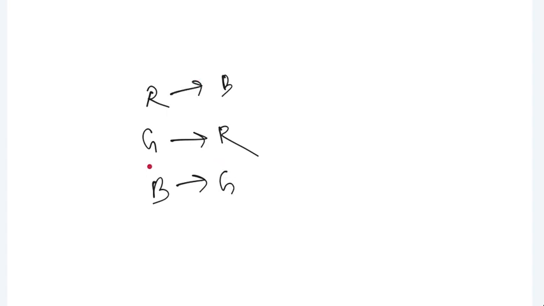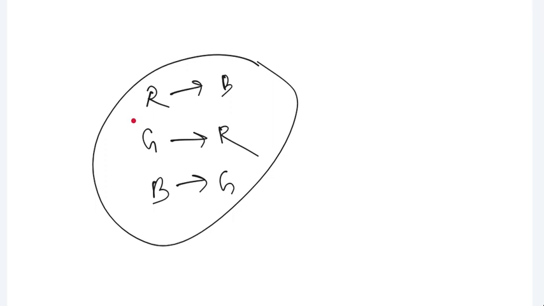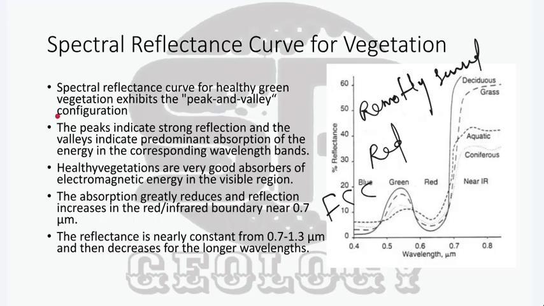Basically, we associate colors like RGB: we give red color to the NIR, green color to red, and blue color to green. This we do to precisely identify the things. That is the basic idea of false color composition.